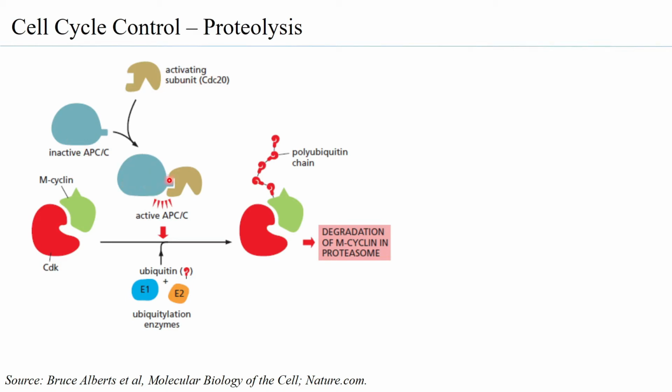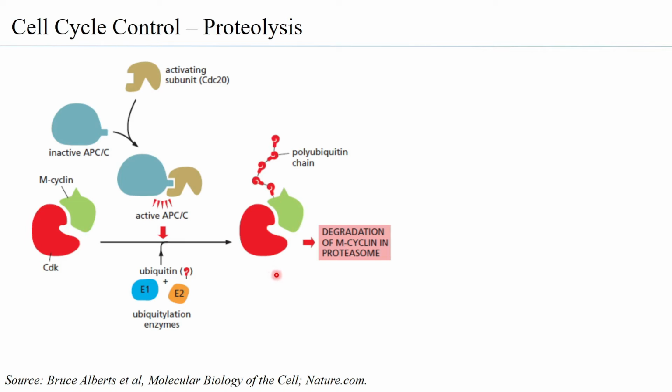then it becomes active. Now this APCC, once it gets active, it ubiquitinates. And interestingly, it ubiquitinates the M cyclin itself. So once you have the active APCC, the active APCC ubiquitinates the M cyclin. So you have the polyubiquitin chain formed on the M cyclin, and now this MCDK goes for degradation.